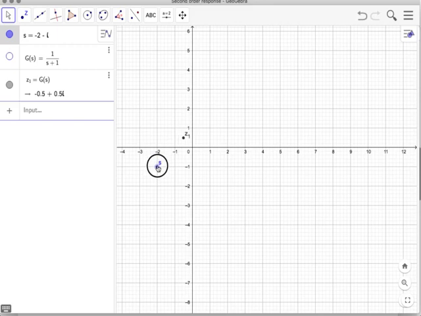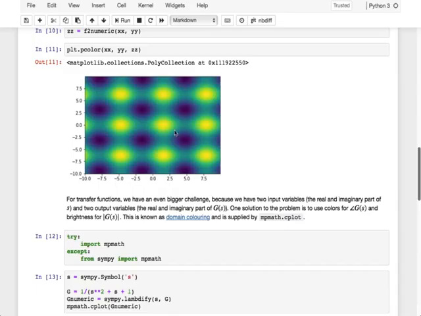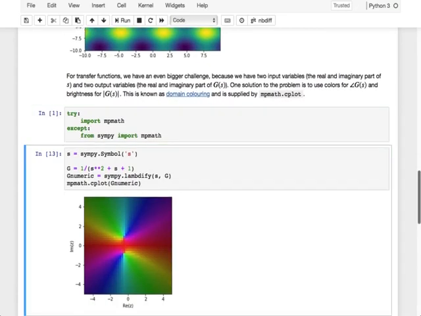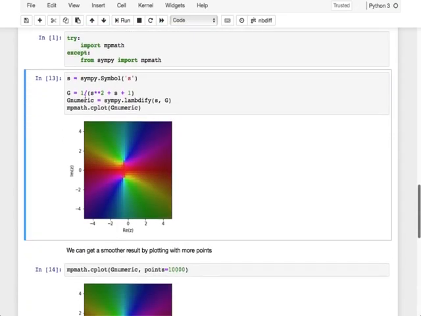Now, wouldn't it be nice if we could actually see what those poles look like? And yes, there are ways of doing this. We can do this using the MP Math library, and we can see that we can plot a transfer function, and this is a second order undamped transfer function.